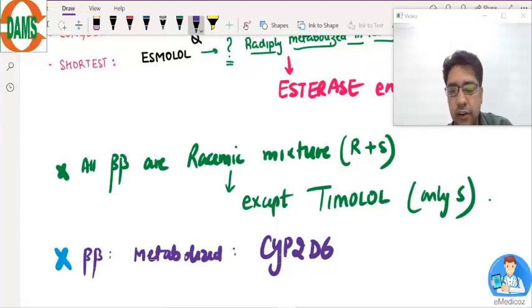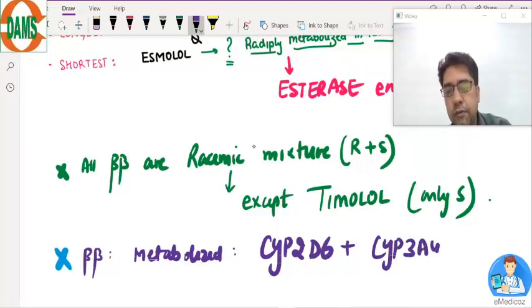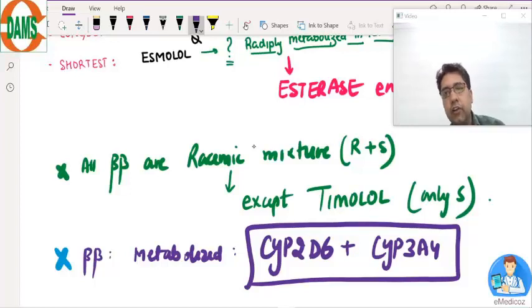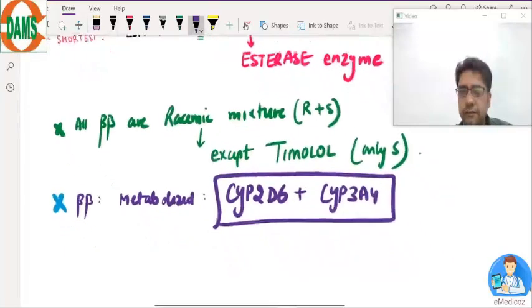We will see later on. And CYP3A4. What are CYP2D6 and CYP3A4? We will learn it later on. You know what a racemic mixture is from 11th and 12th: R form, S form, dextro and levorotatory forms.